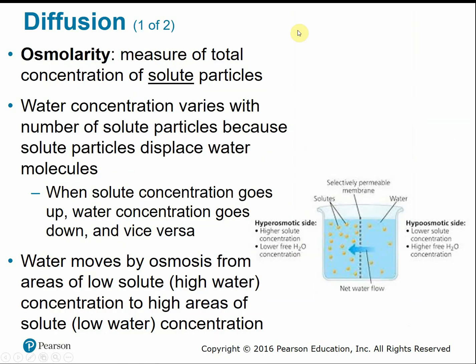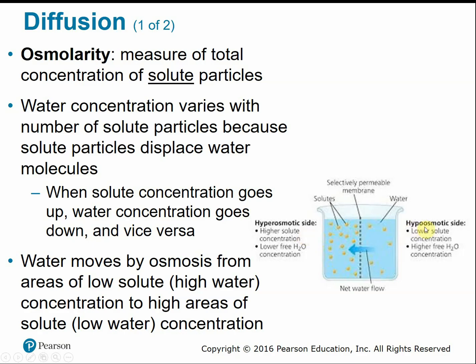When we talk about osmosis, you may hear the word osmolarity. Osmolarity is basically just the measure of concentration of solute particles in a solution. So how concentrated is this solution? A high osmolarity or a hyperosmotic solution would be more concentrated. It would have less water in it and more solutes.